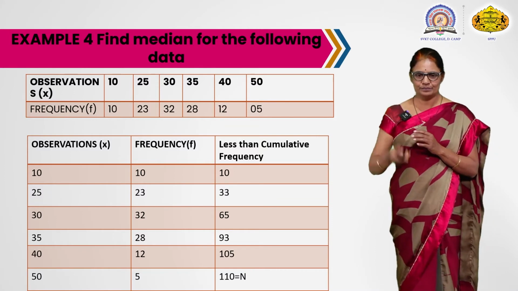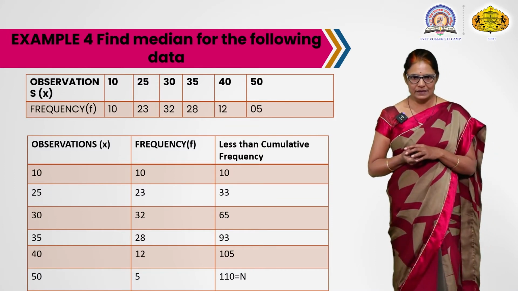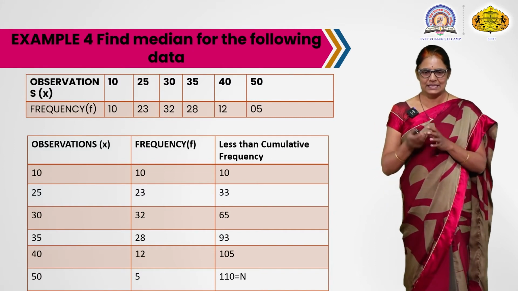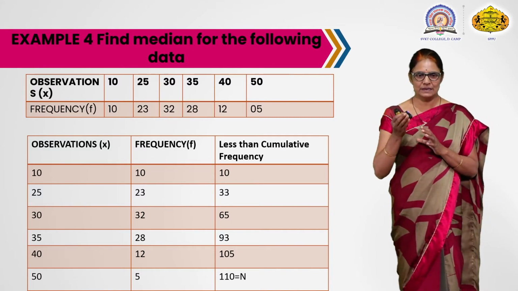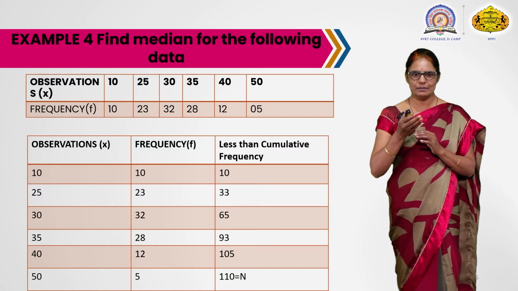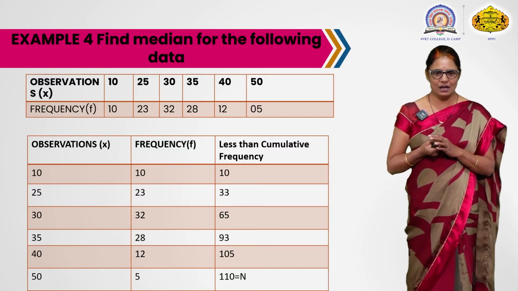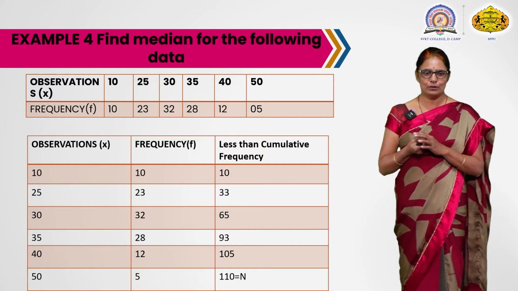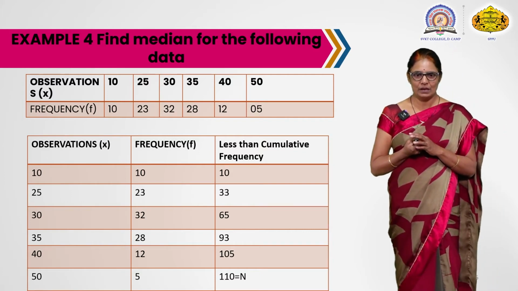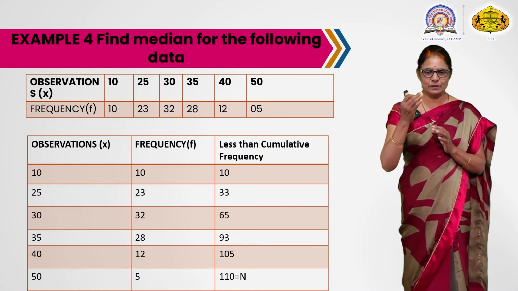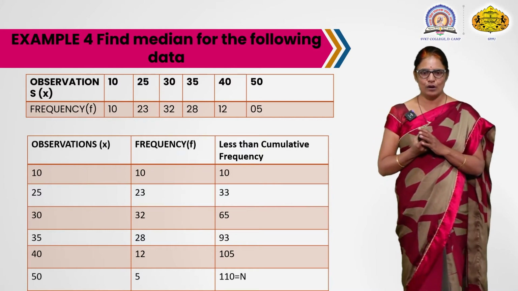So if you observe the less than cumulative frequency, according to it the first 10 observations are the value 10. Next 23 observations are value 25. If you count the observations, from 34 to 65 all are 30.